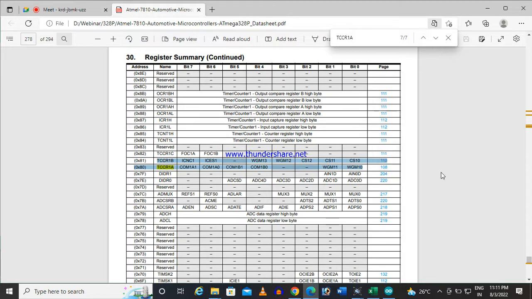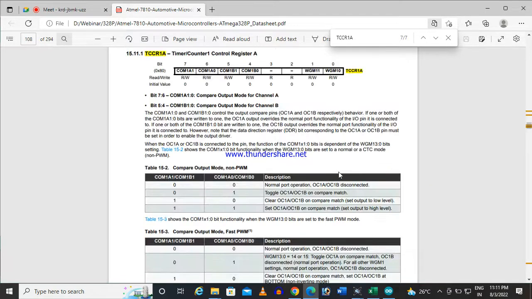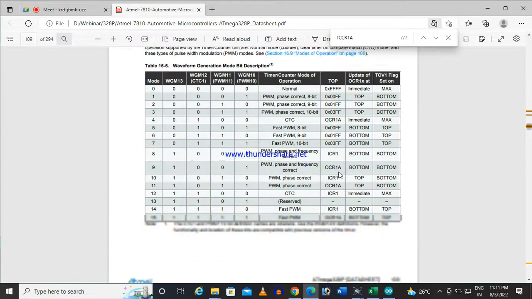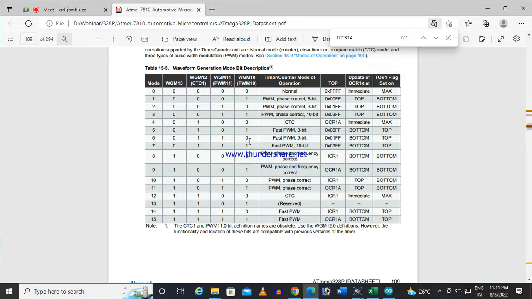Let us see the WGM setting. Coming down, you see this is the waveform generation mode bit description. We are going to use PWM in phase correct mode, where the top value of the PWM is taken from the ICR1 register. So we are using sequence 10, which is 1010.